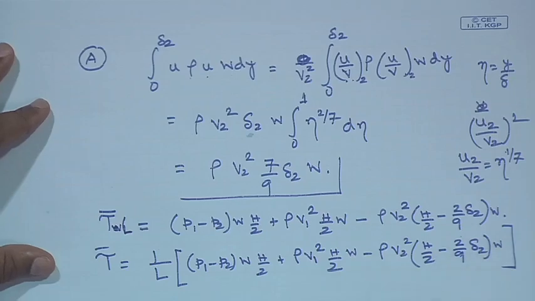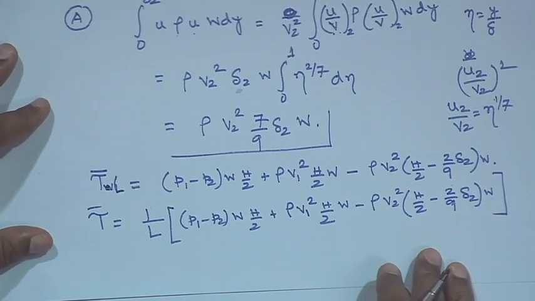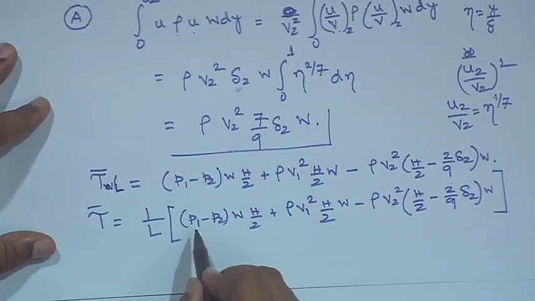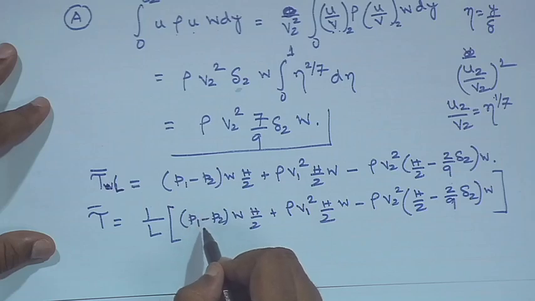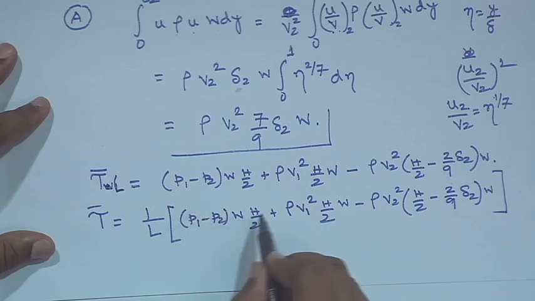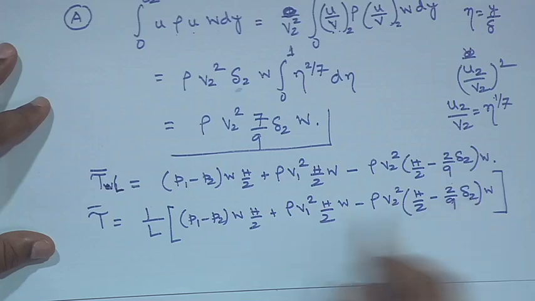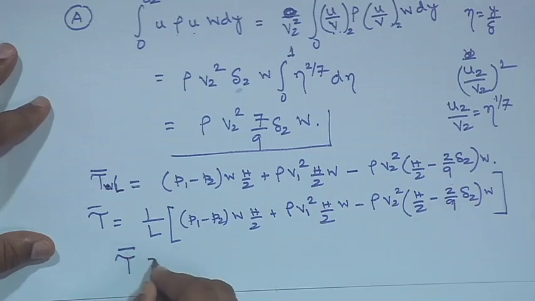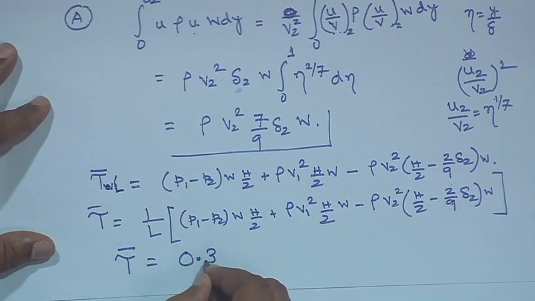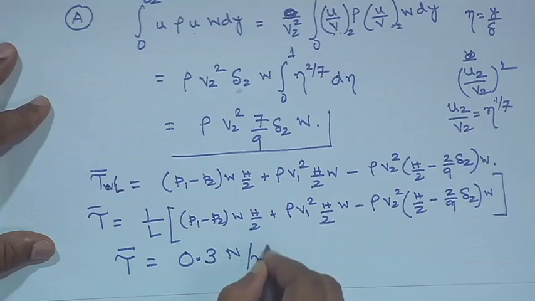So, this is the total complete expression, and once you put in the numbers for P1, P2, W, h by 2, V1, V2 and delta 2, what you are going to get is tau bar equal to 0.3 Newton per meter square.